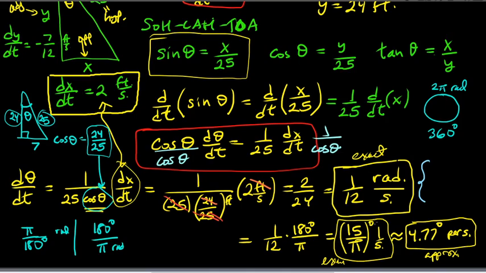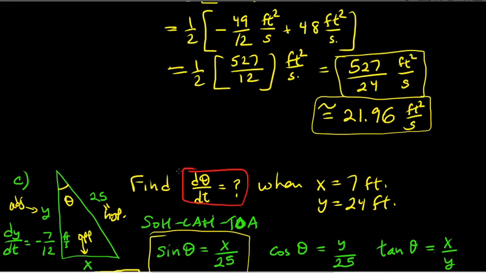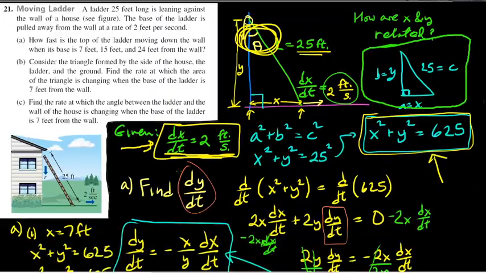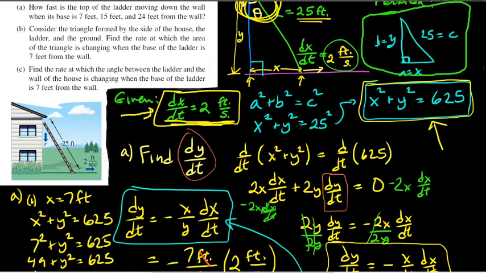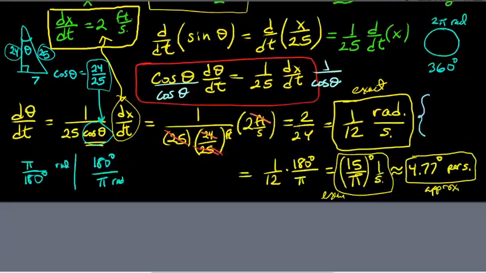But for you engineers out there, if you prefer degrees, great. 4.77 degrees per second is close enough. And if you insist, you can convert that to minutes and seconds, but I'm not going to do that. Anyways, that was a long one because there were 3 parts to this, A, B, and C, and we did all 3 parts. So I hope that's good enough.